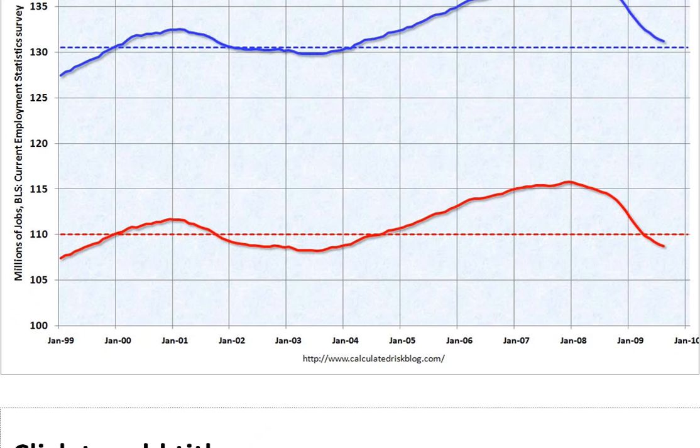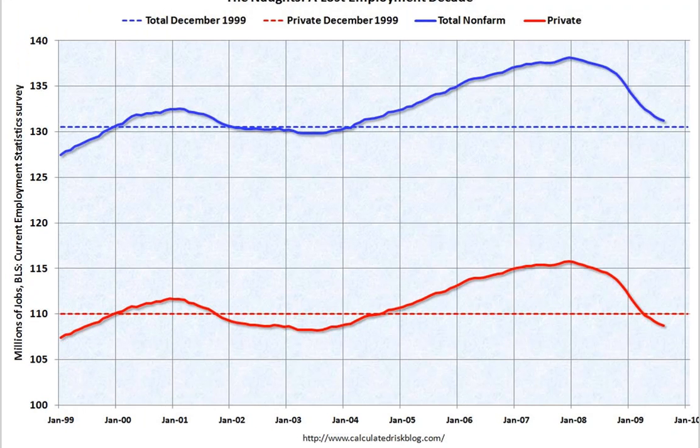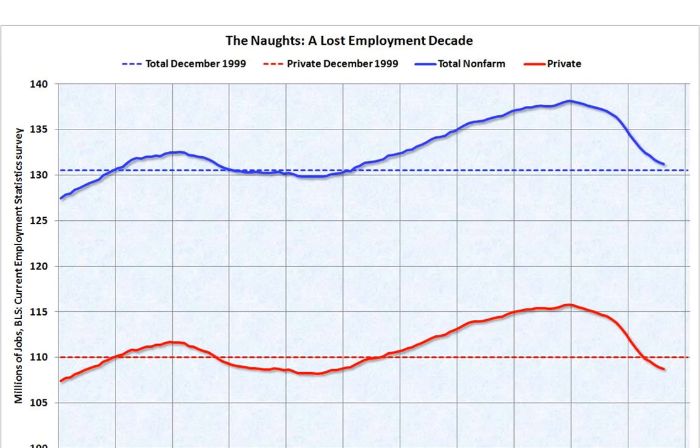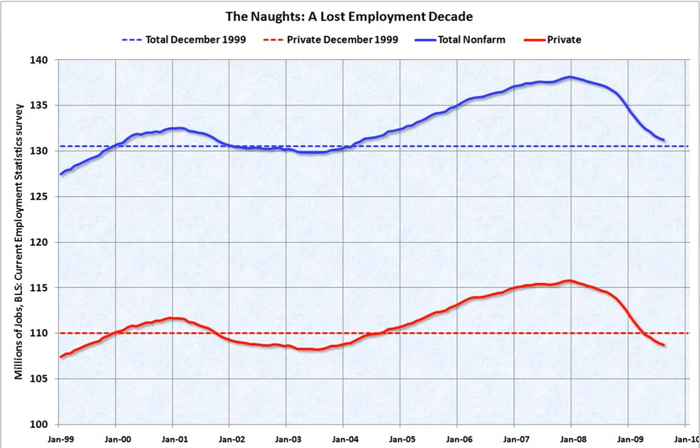And finally, we're going to discuss this chart, which is looking at what is described as a lost employment decade. What does that mean? Well, during this period, starting right around January 1999 all the way through to 2009, we're seeing very few jobs essentially created.